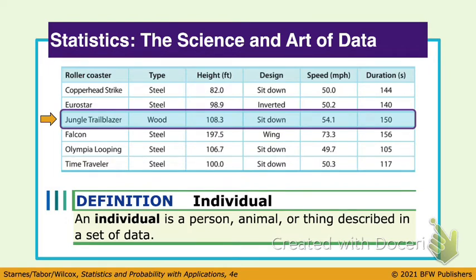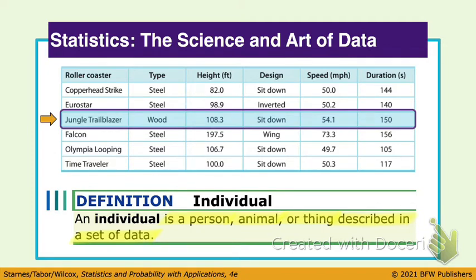An individual in statistics is a person, animal, or thing that is described in a set of data.